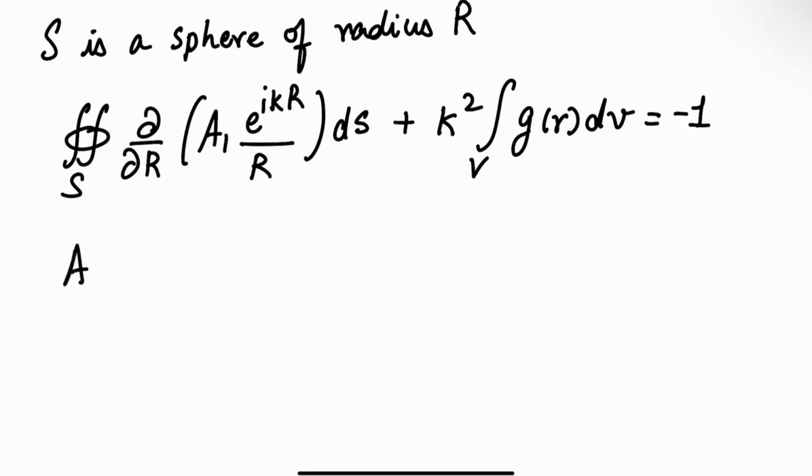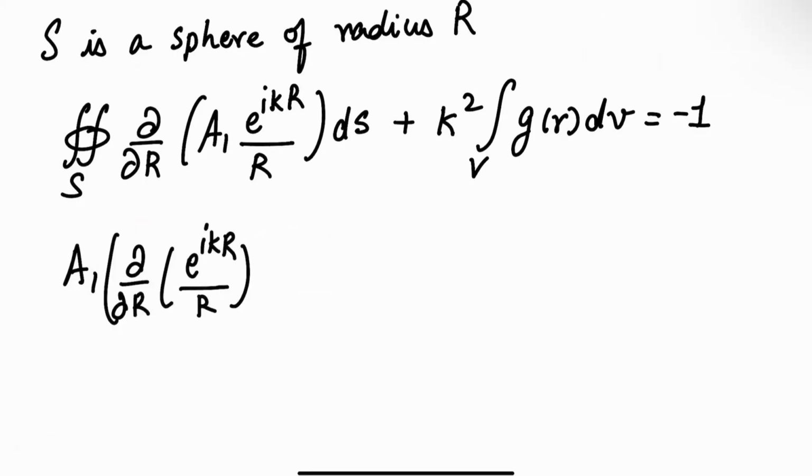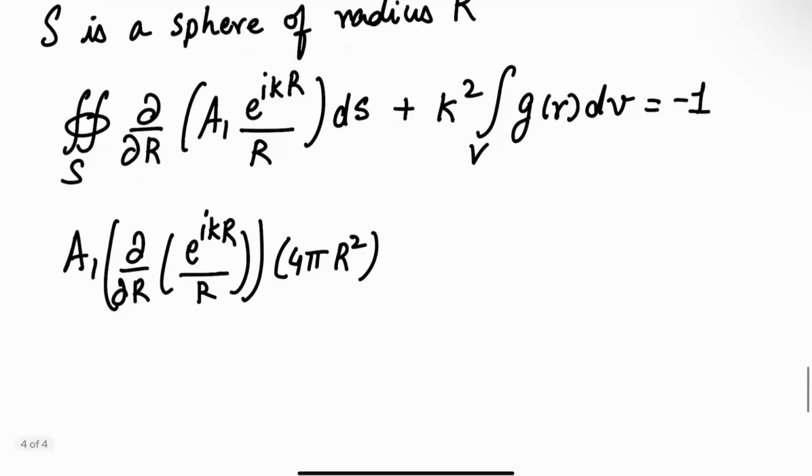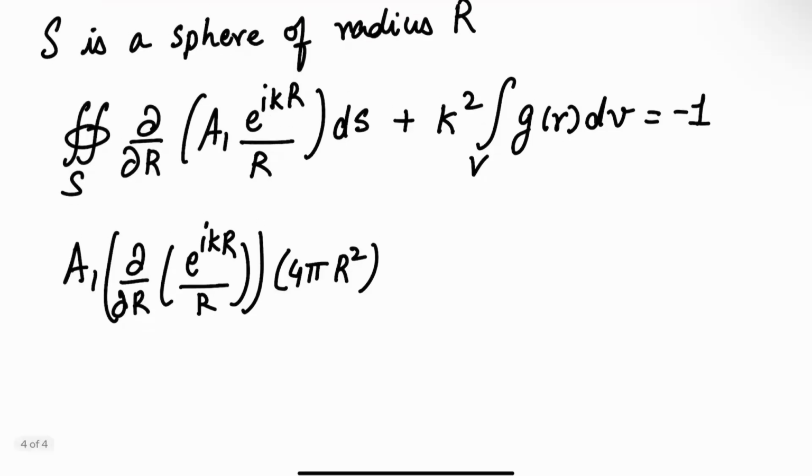So this gives us A1 d over dR of e to the ikR over R times 4 pi R squared, right?